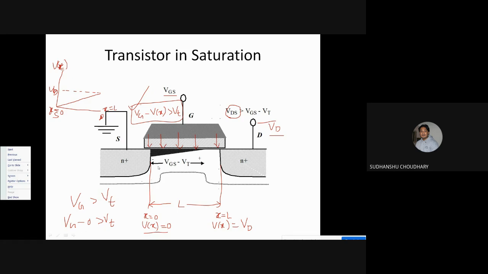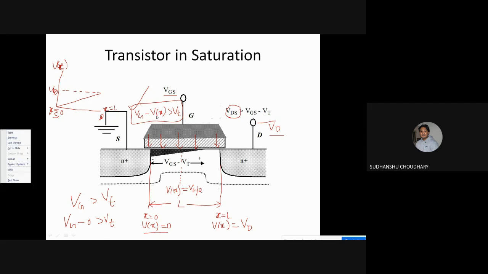Now as you move towards the drain side, Vx is going up. Let us say that in the middle of this channel, at this point, just assume that Vx is Vg by 2.